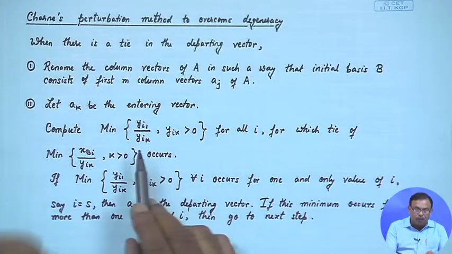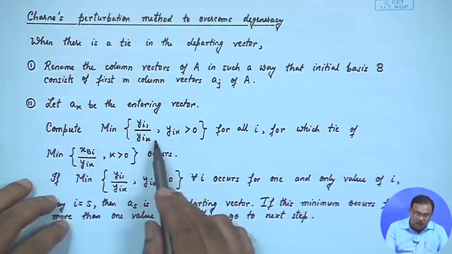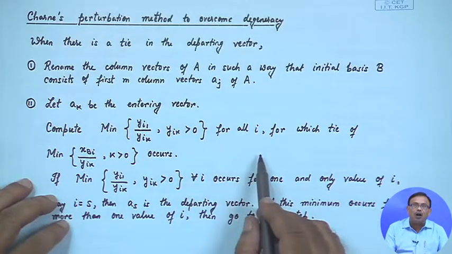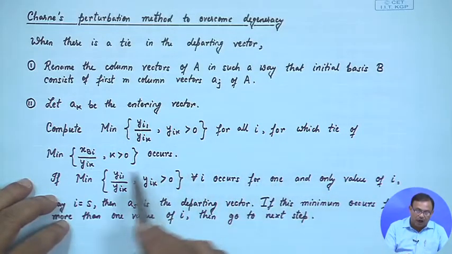Now you compute the minimum of yi1 by yik, where yik is greater than 0, for all i for which your tie occurred.